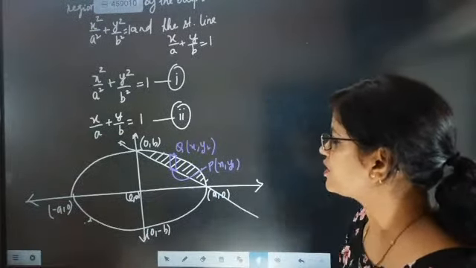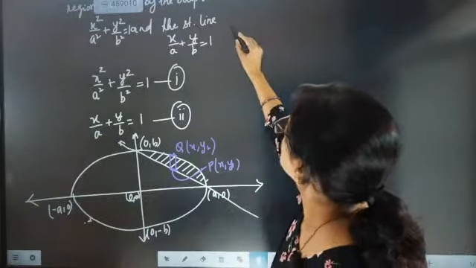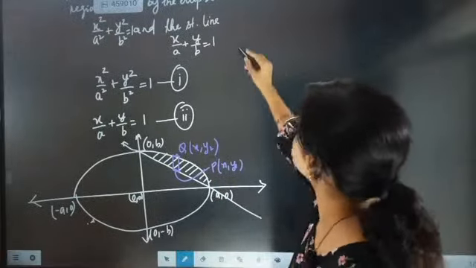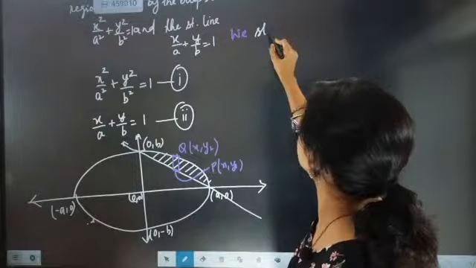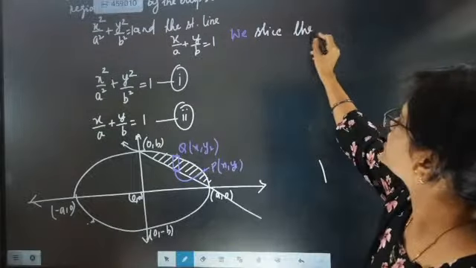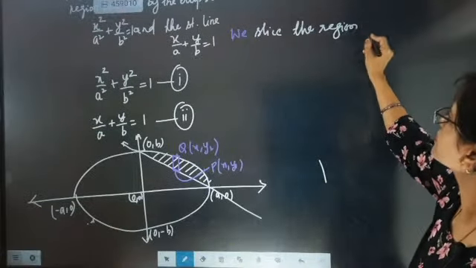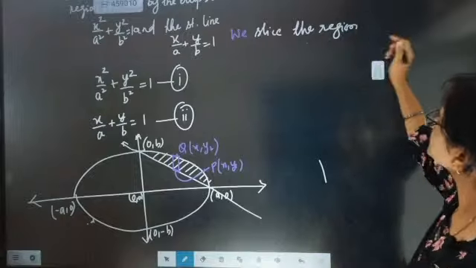Once you have the contact points, we slice the region into vertical strips.